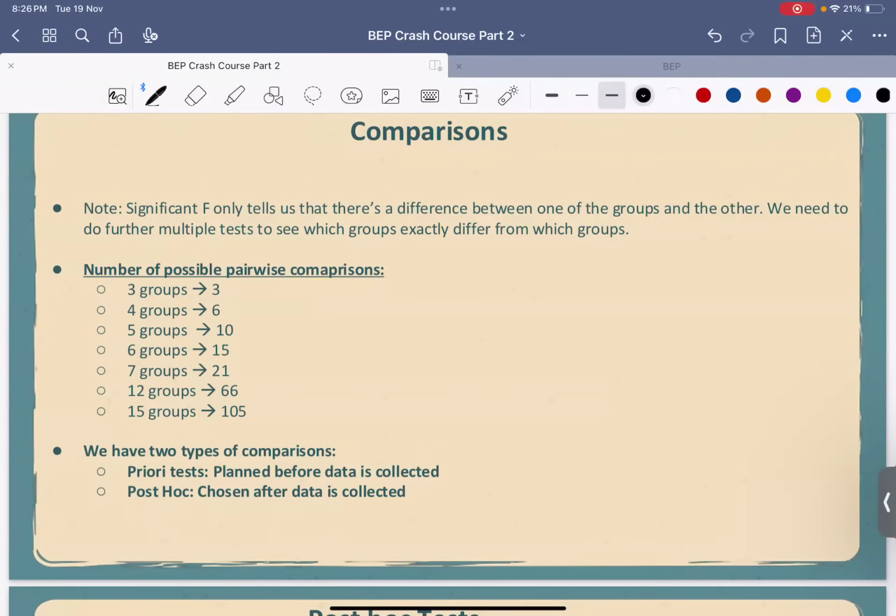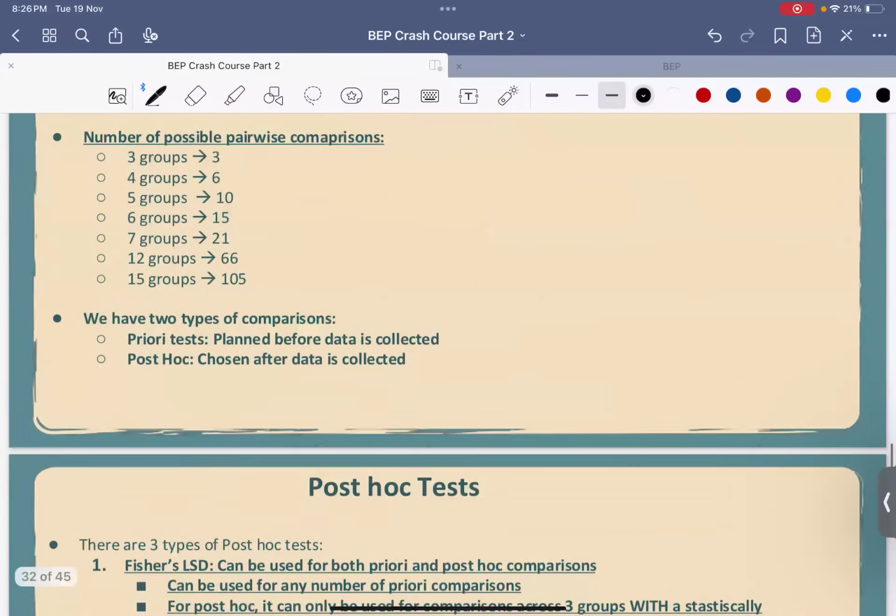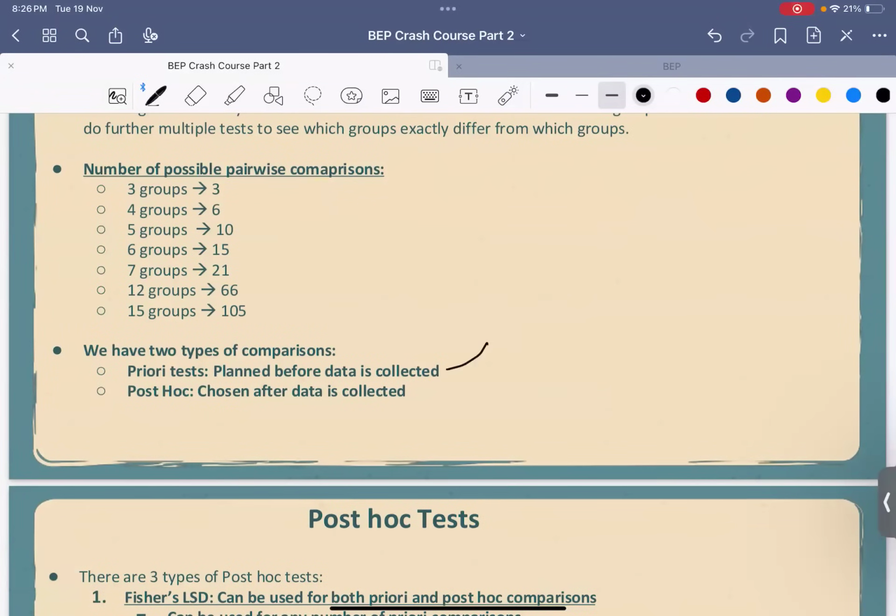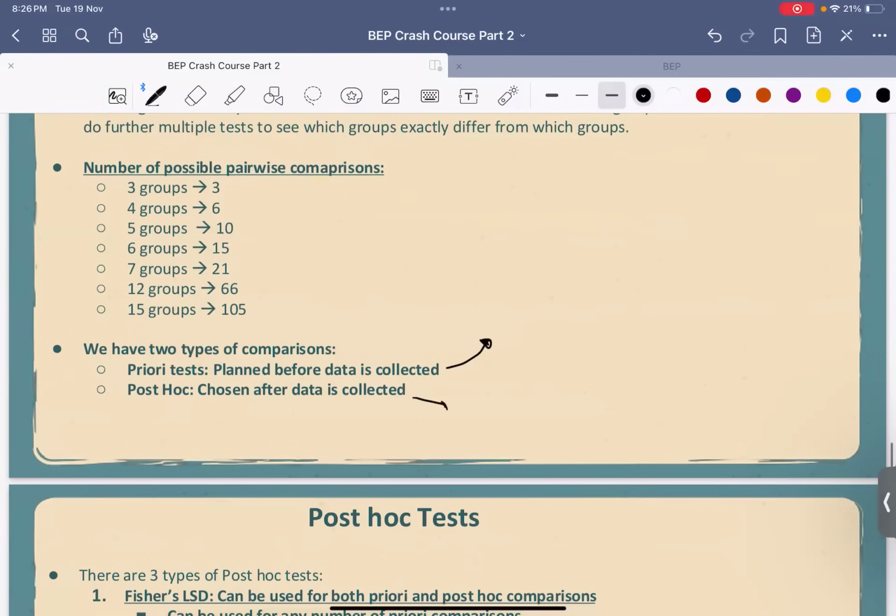Priori is usually done when you already have a hypothesis in mind, and you're saying B might have a treatment effect but not C. So I plan a test before to compare A and B. Post hoc is done after, to make new hypotheses.